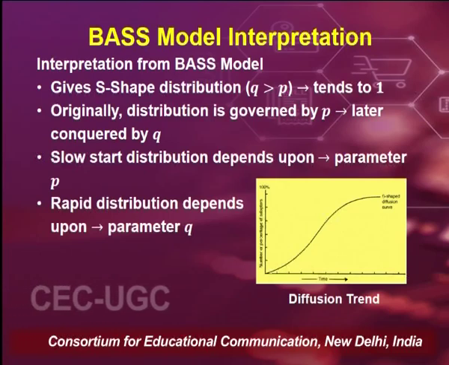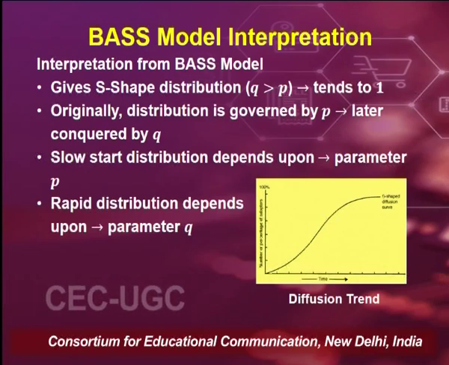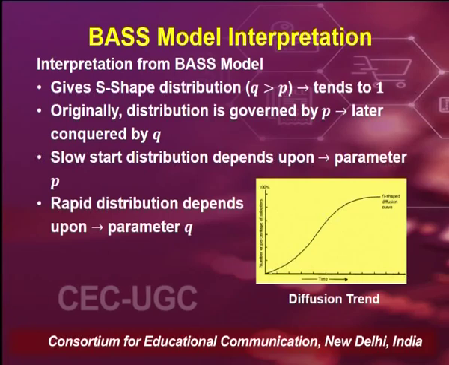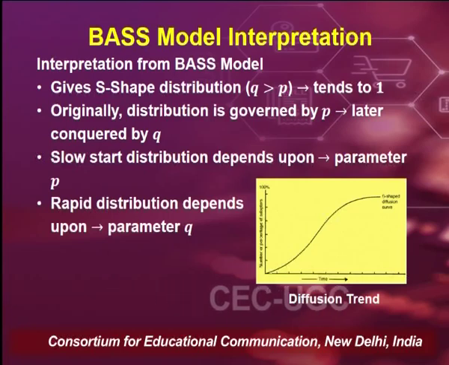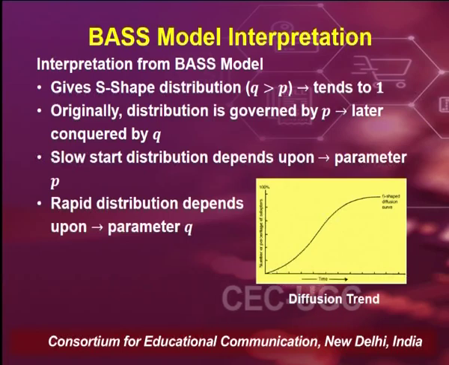Now, if we try to interpret this model, we can see that this is also a kind of S-shaped model, and naturally the parameter Q is more than parameter P. That is, the number of triggerers in the network system is very less. Normally maybe 1 to 2% of the nodes in the whole system are triggerer nodes, because obviously not all people would like to volunteer for triggering a particular information.